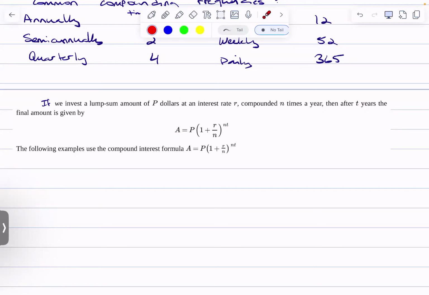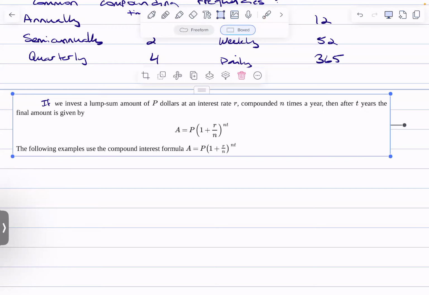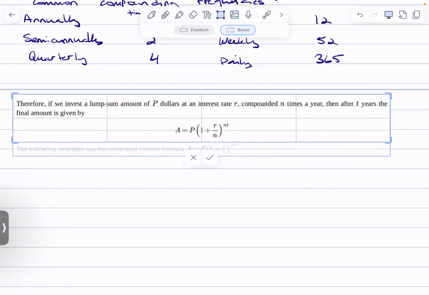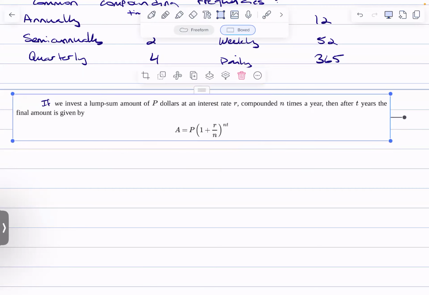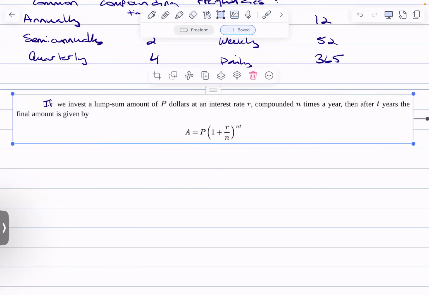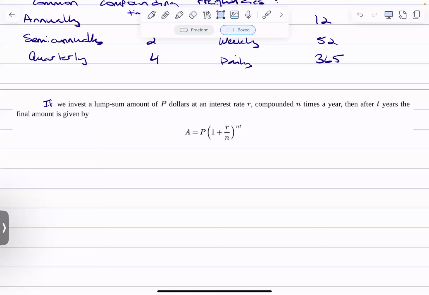This part we don't really need, so let me crop it.